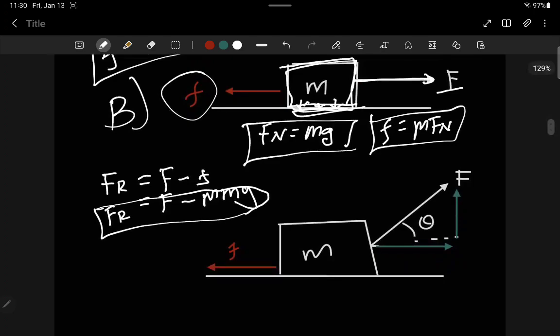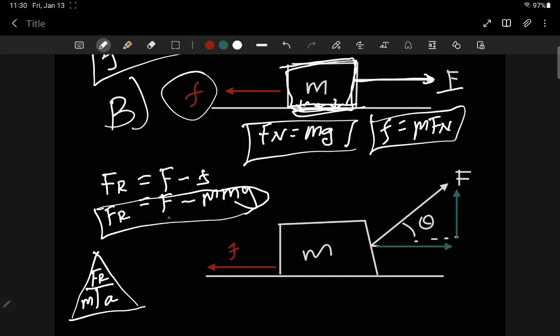The next question is, how do we calculate the acceleration? According to Newton's second law, you have this triangle. The resultant force is here, the mass is here, and the acceleration is here. The acceleration is always the resultant force divided by the mass.